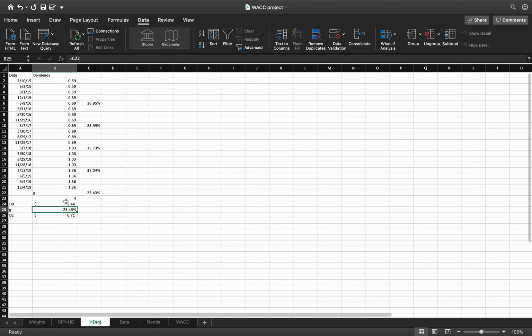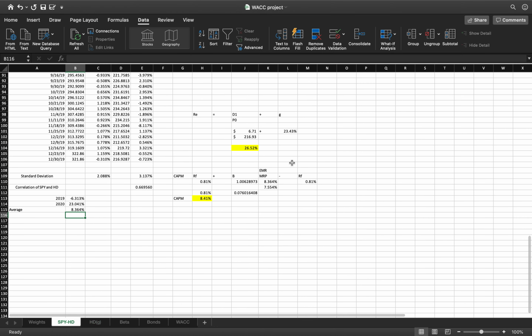And that gives you a value of $5.44. Then you multiply your $5.44, your dividend 0, by 1 plus the growth rate, and that gives you a value of 6.71 for your dividend 1.